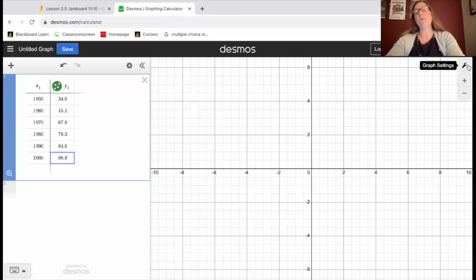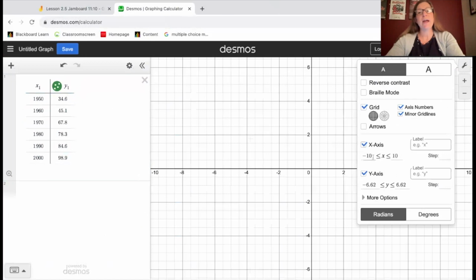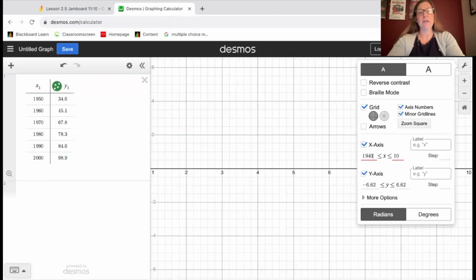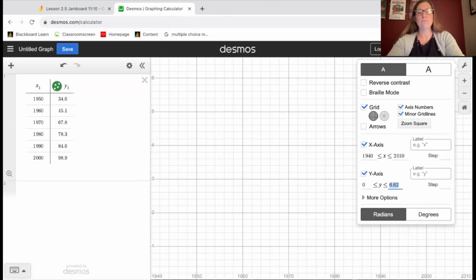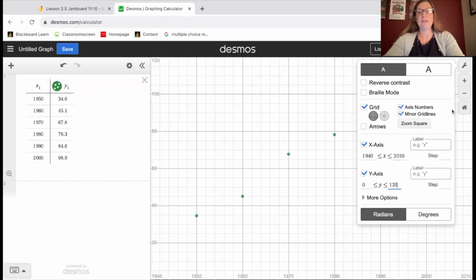So in the top right-hand side, I'm going to click Graph Settings, and change my X values. Maybe start my X values at 1940 and go till 2010. And I'm going to change my Y values, maybe start at 0 and go to 120, just to get an idea.